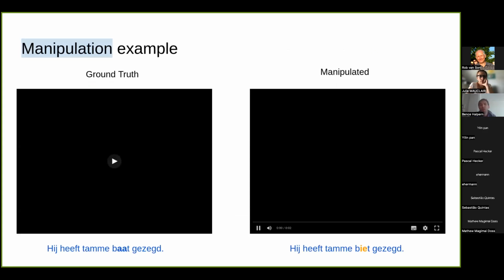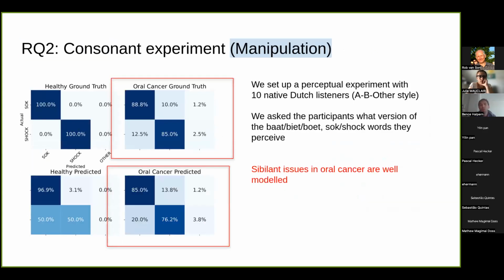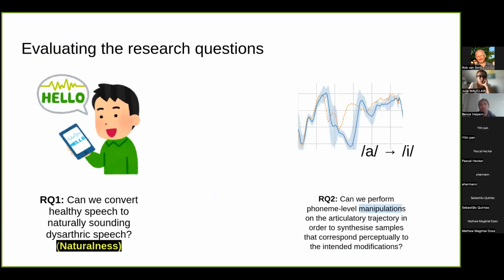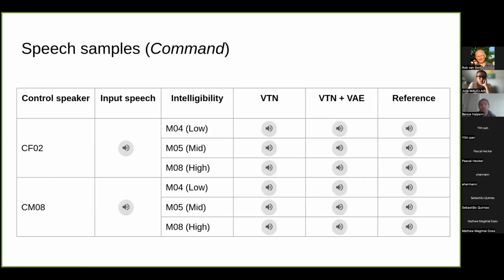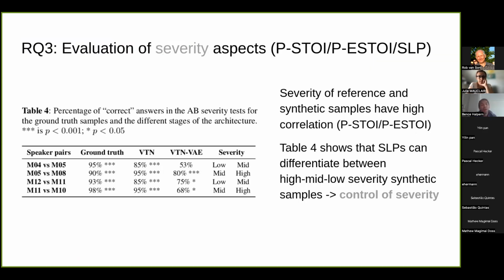So in this case, we asked the SLPs which one they perceive as more severe, and they were presented multiple combinations of synthesized and non-synthesized speech in an A/B test setup. Does that answer the question?